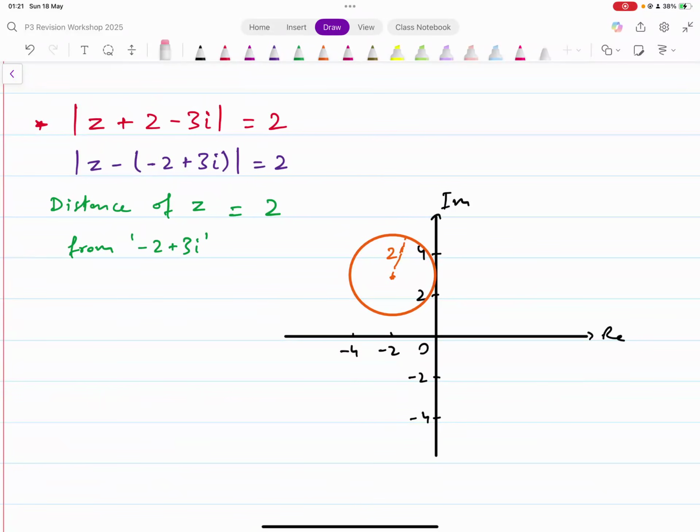What's the standard form? Z minus something. Okay, so you have to convert it to that form first of all. You take minus common from these two terms, and that becomes this. And now this is the center of the circle, and this is the radius of the circle, right? Minus 2 plus 3 iota is the center, and then 2 is the radius. You draw that circle there.